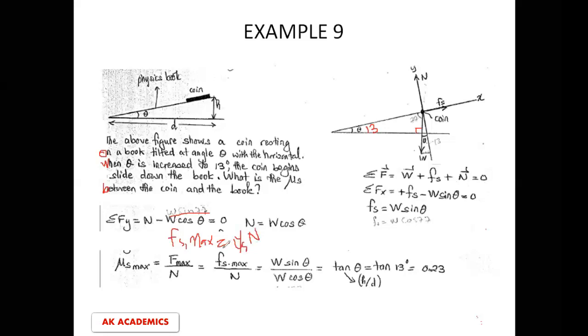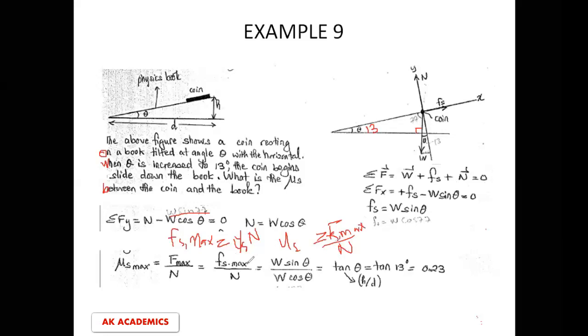If you remember that, you can say that our mu s would then be equal to our F divided by our N. That is what we have here. Since our F is equal to Fs max here, we can just quickly rearrange this, and this becomes mu s equal to Fs max over N.